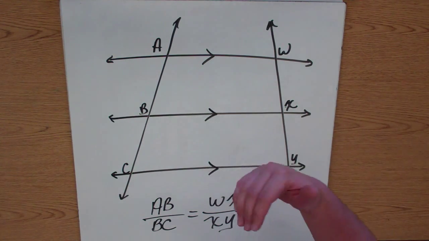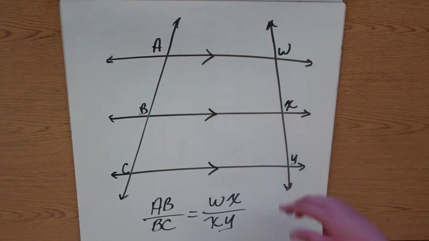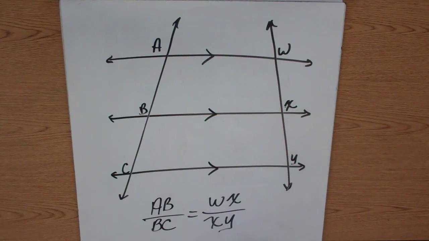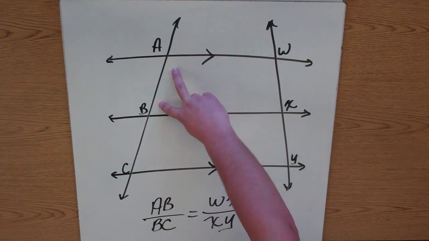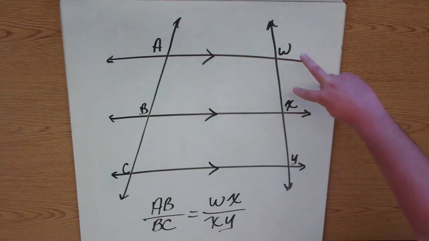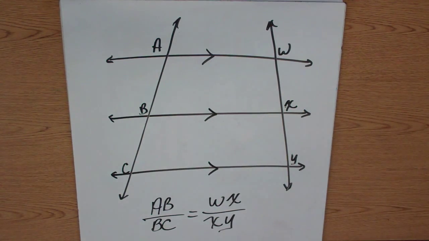Because remember before, if these two were equal, then these two were equal. But now we don't know the lengths of these, but because these three lines are parallel, we do know that AB divided by CB is going to equal WX divided by XY. Let's look at an example.